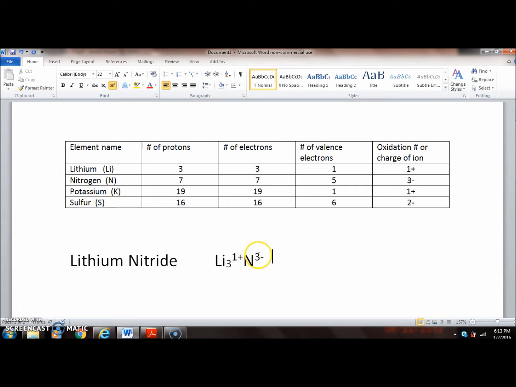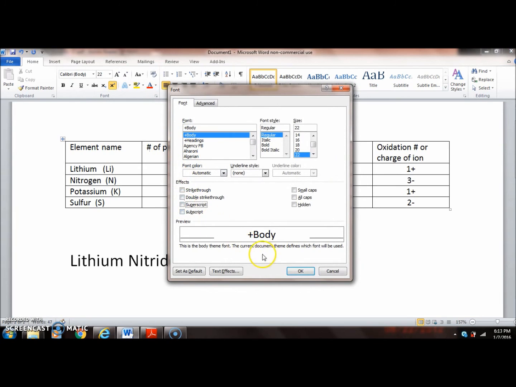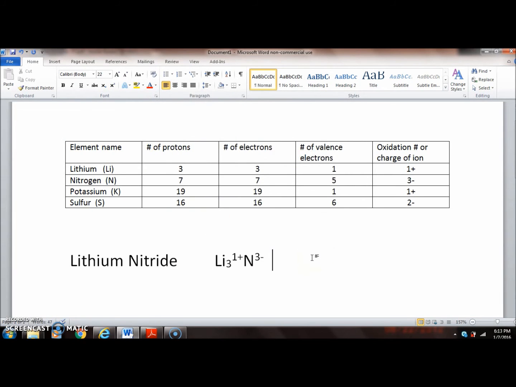So our final chemical formula is going to look like this. It would be Li3N.